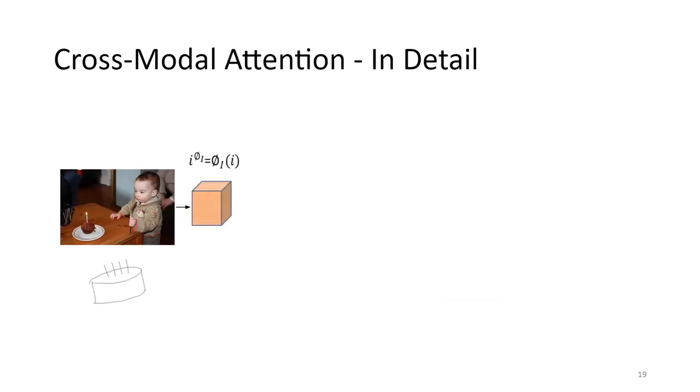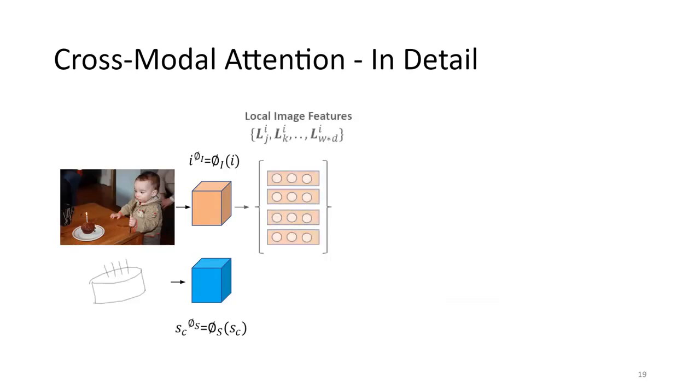Given a target image and the query image, we use a CNN to generate feature map representations for the image and the sketch. In our experiments, we use ResNet-50 to generate feature map representations. After that, we find a local feature vector which corresponds to each location in the image feature maps. For the case of sketch queries, we use the global max pool operation to get a global feature vector for the sketch queries.